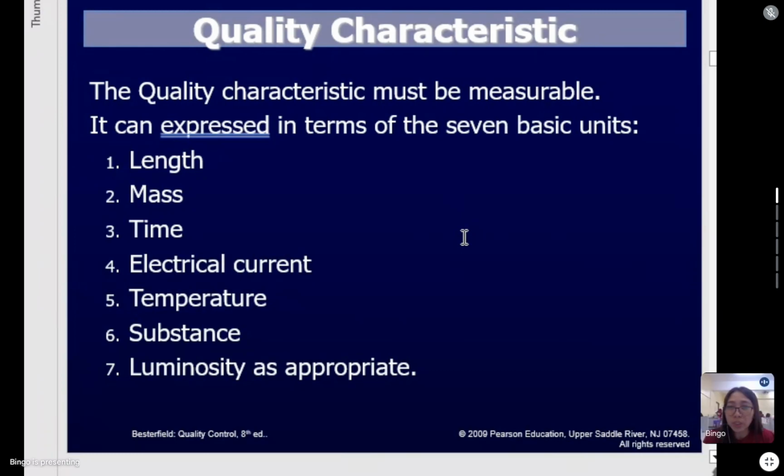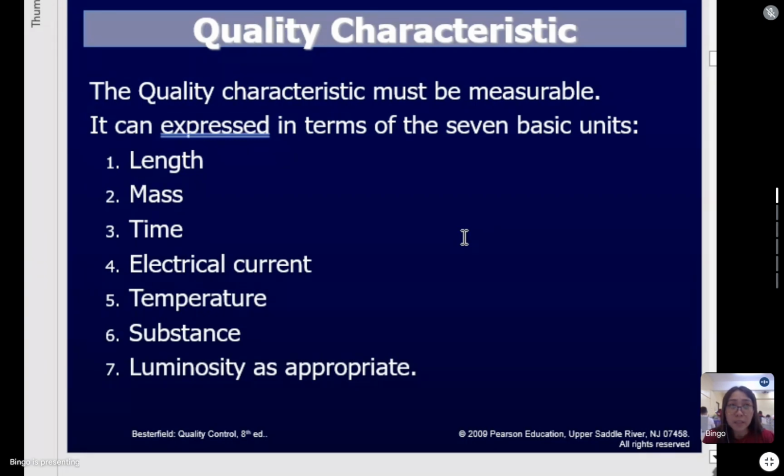For temperature: Celsius, Fahrenheit. What else? Kelvin, Rankine. Yes, very good. For a substance, it could be the appearance. For example, shiny, luster, roughness, or the shape.